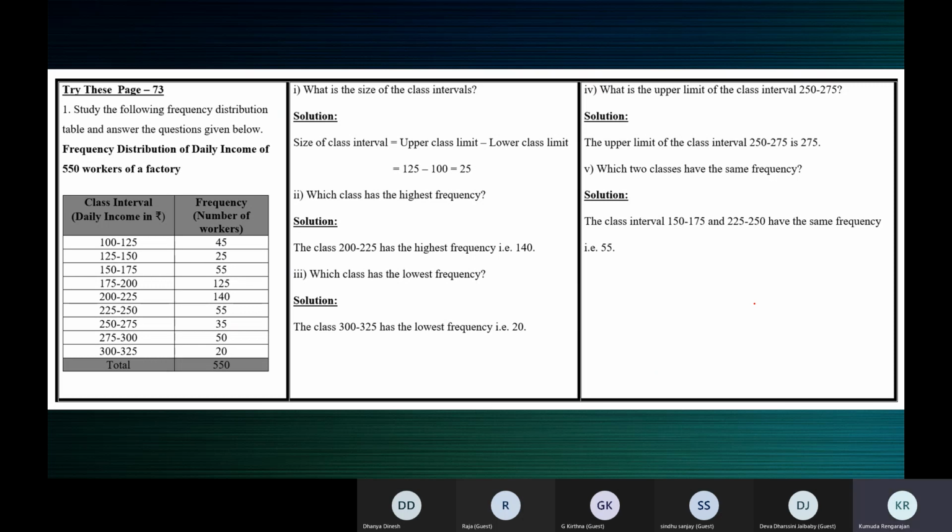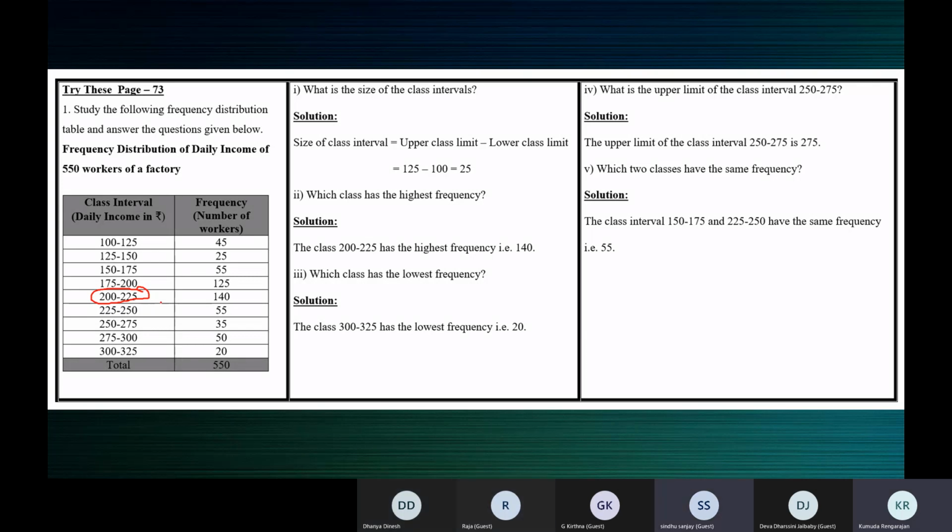Okay, now tell me the lower limit of the class interval 200 to 225. 200, ma'am.